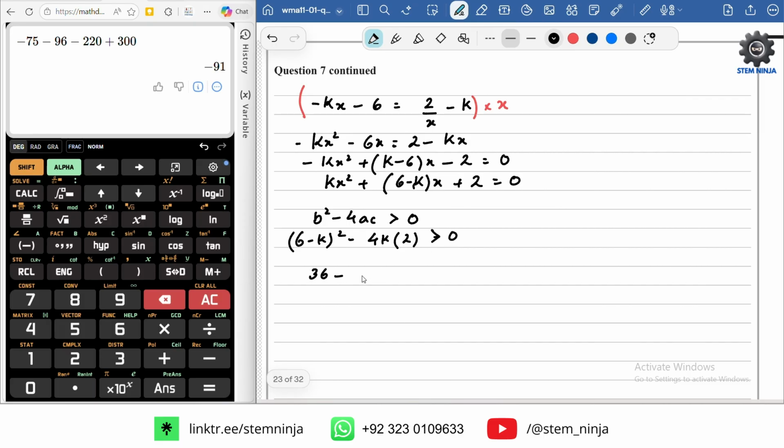So 36 minus 12k plus k squared minus 8k greater than 0. Once again you have a quadratic in just k. So k squared minus 20k plus 36 greater than 0.